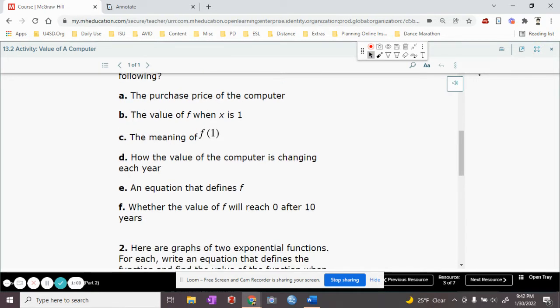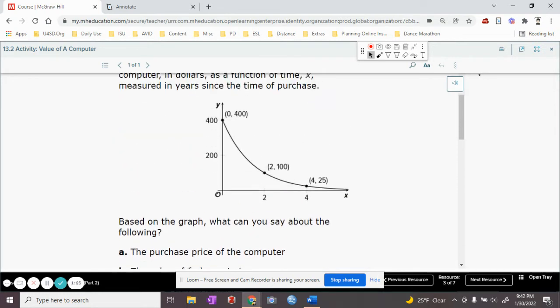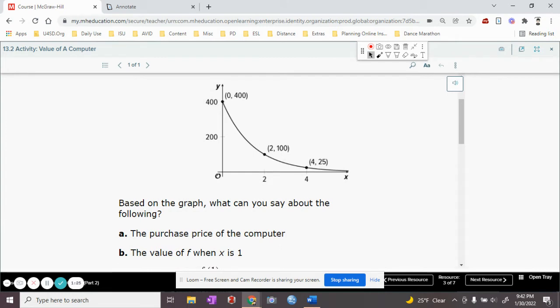Then we will use that equation to determine the value of that computer when x is 10 years. Okay, so what I'm going to do first is look at the table of values.